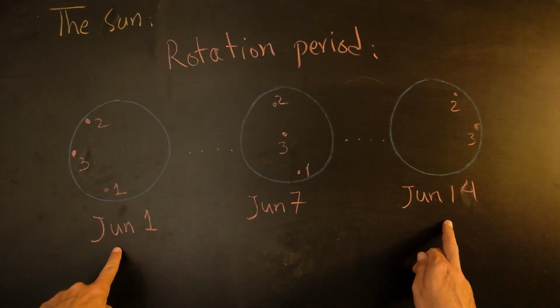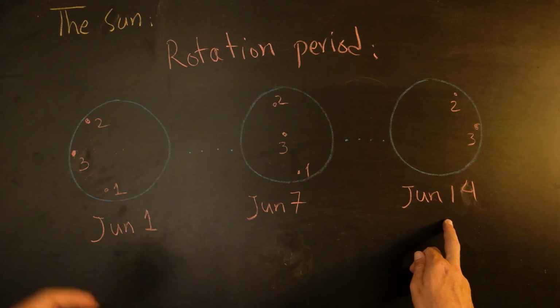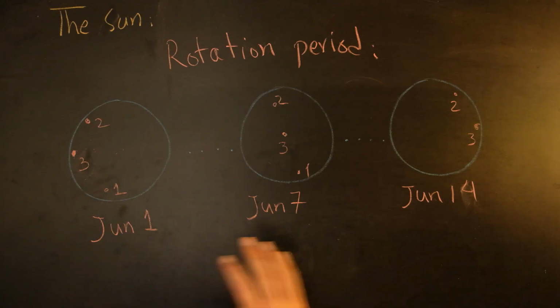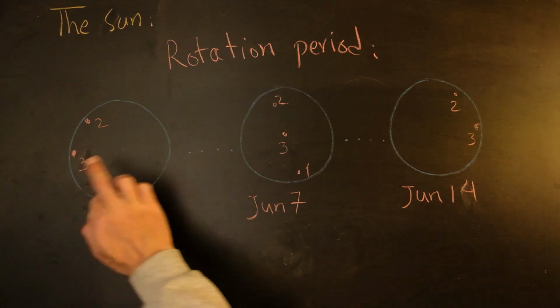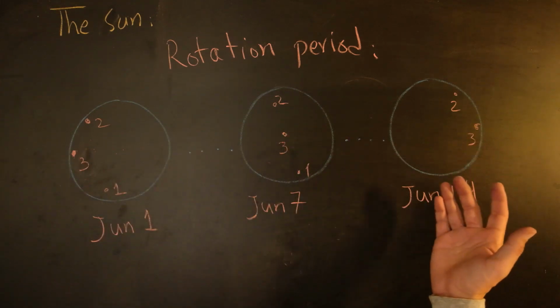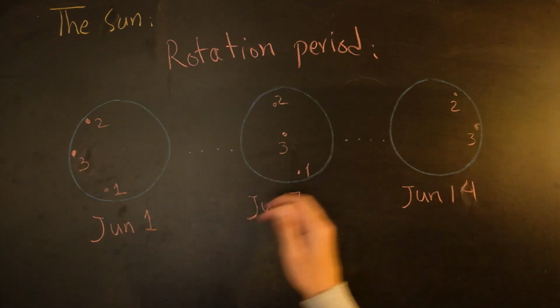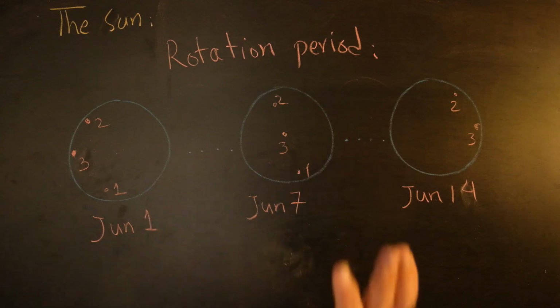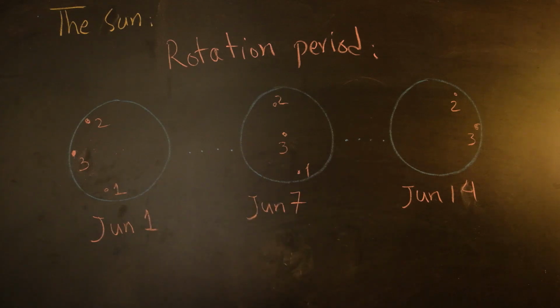Find the difference, 13 days. Multiply by 2, 26 days. And you will get a different number because this is just a rough approximation. Either one is fine. Either go with one edge to the center or one edge to another edge. And you can be creative. You can go with center to another edge. The main idea is to find a sunspot close to the equator.